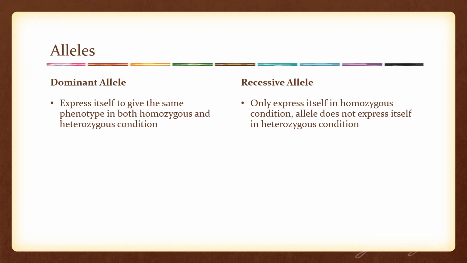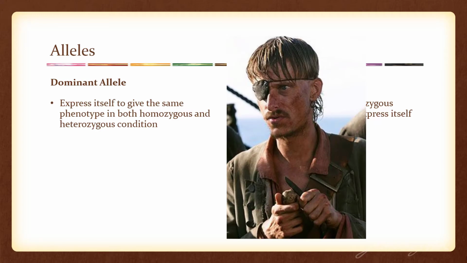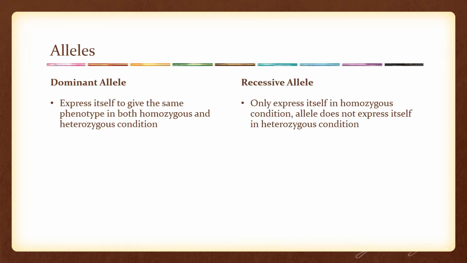And as long as your body cell has one copy of this dominant allele, it will have the required information or instruction to produce the enzyme that breaks down alcohol. It doesn't matter if the other allele is recessive or dominant. A good analogy would be you just need one eye to see. It doesn't matter whether the other eye is blind or not. As long as you have one working eye, you can see.